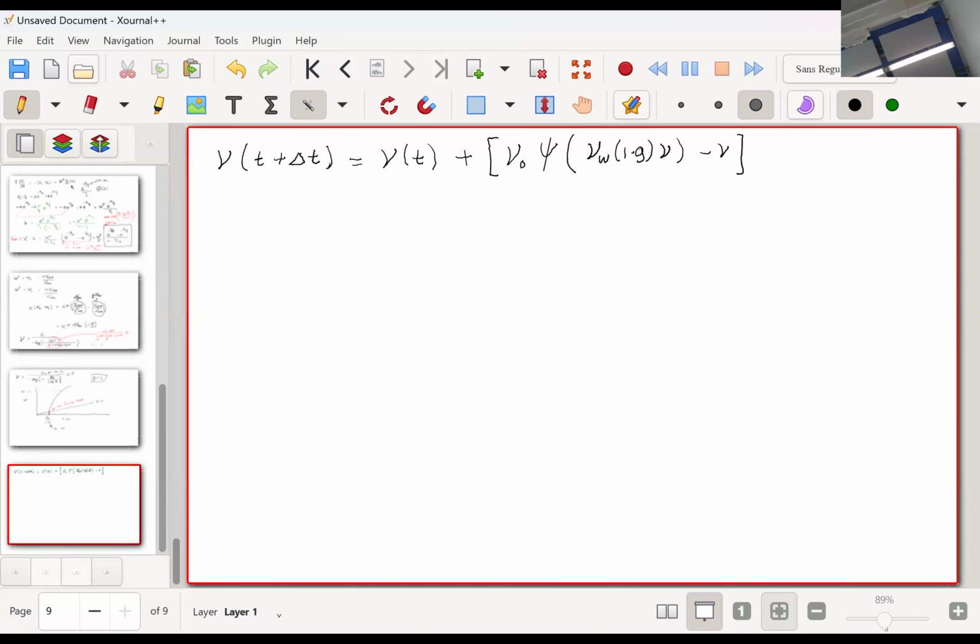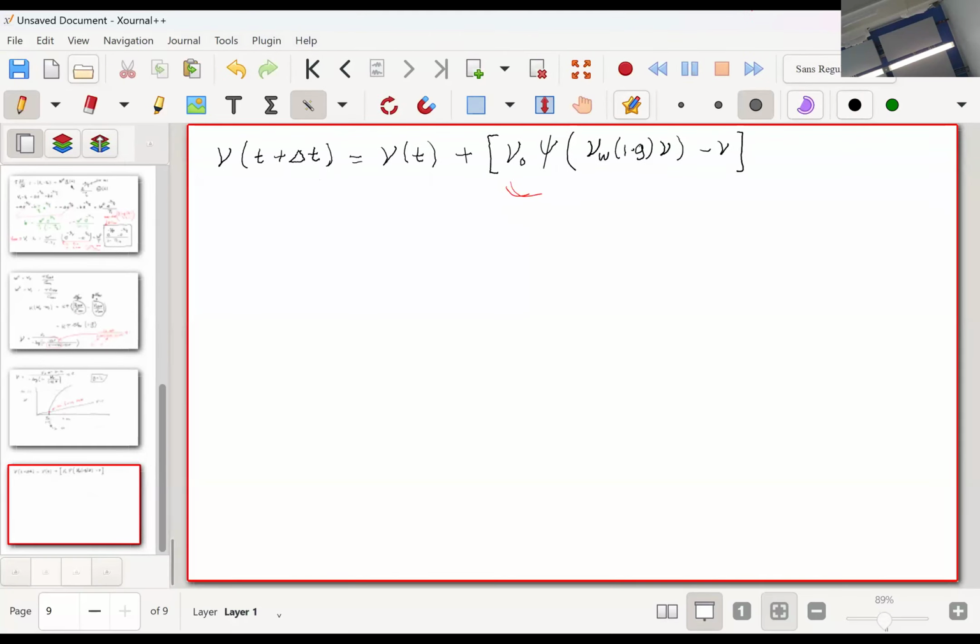We can think of this term here as our drive to the neuron, so the drive to the firing rate, right? If at time t the neurons are firing, with some delay the neurons are going to, if this is positive, then nu goes up.